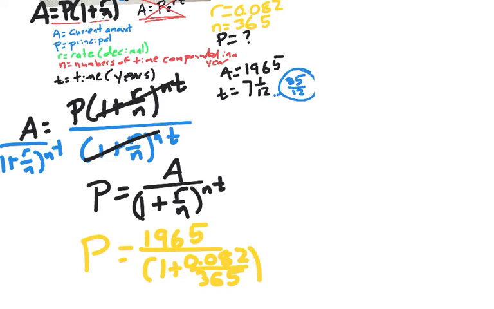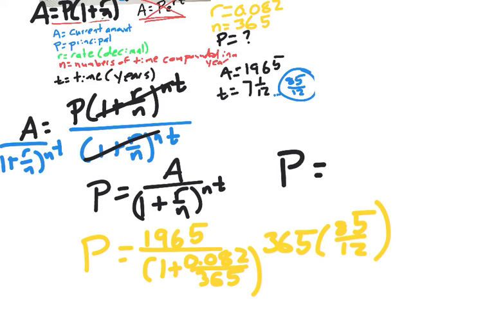And then this is raised to the N, which is 365, times T, which is 85 over 12. And I'll have to plug this into my calculator really quickly, but this should be my final answer, whatever I get when I plug this in.